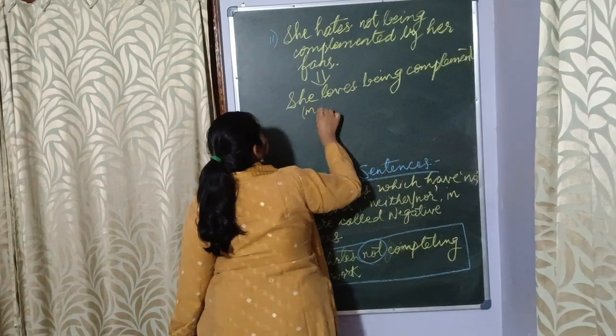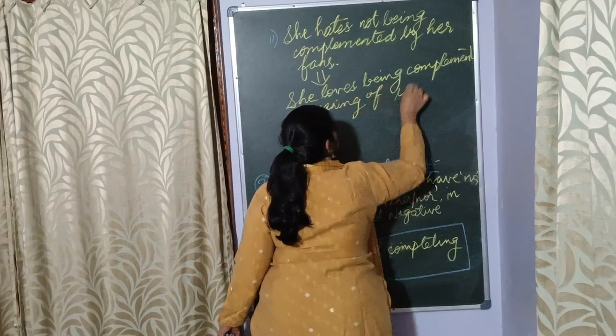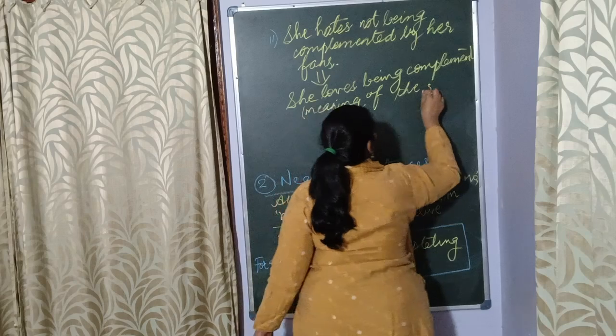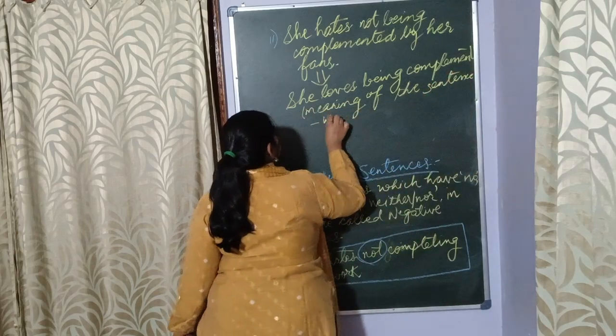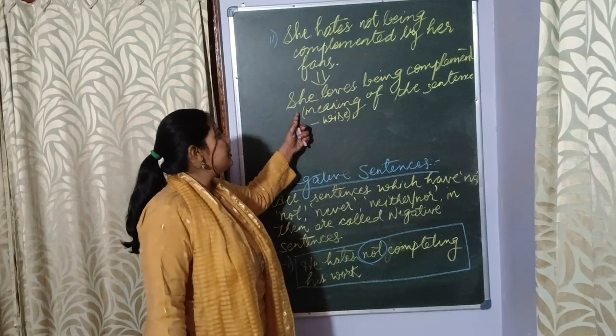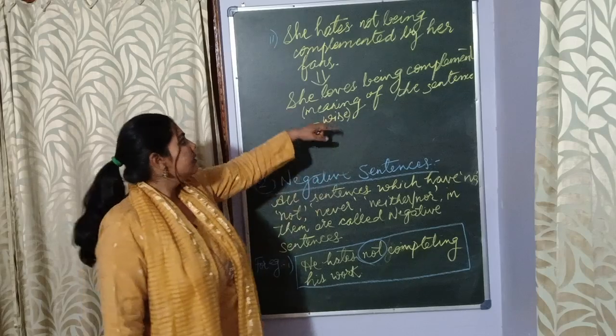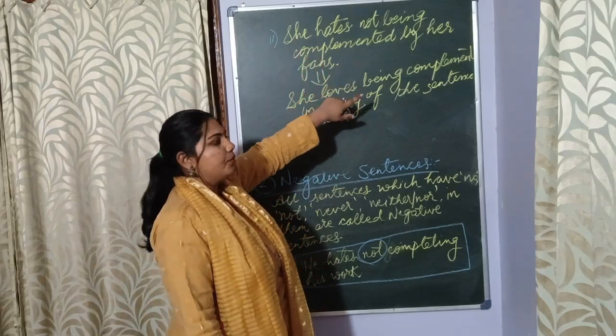Meaning of the sentence wise, if we go by the meaning, then this is what it means. She loves being complimented. This is another way to state the same thing. She hates not being complimented.